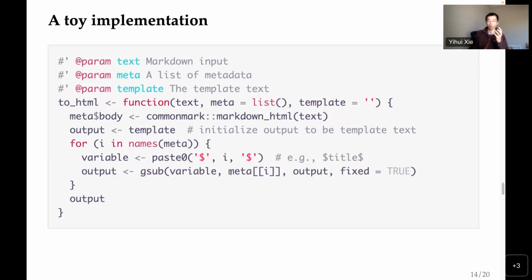So this is the value of that variable. We substitute the variable with its value in the output text. That's what the gsub function does. After all the variables in the meta list are substituted with their values, we will get the final output. So this is basically how Markdown works when you convert it to other formats.